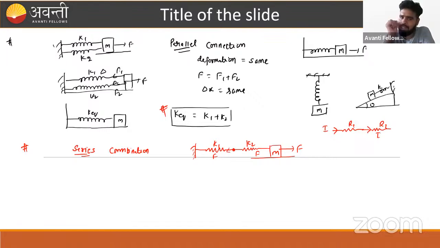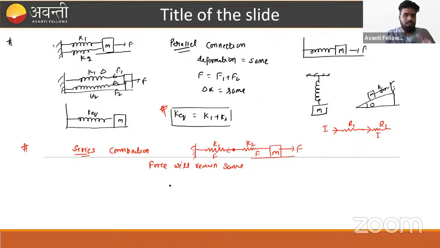So this is the basic concept. In series combination of springs, force will remain the same. The force transmission will remain the same in all the springs which are connected in series. I hope this is clear.